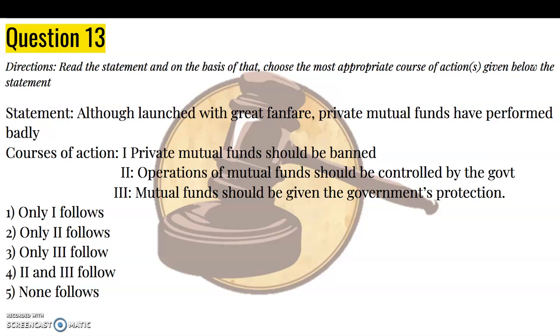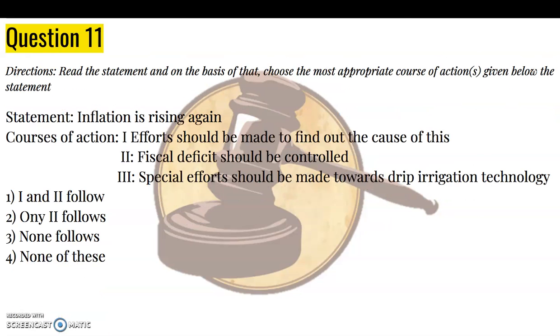Okay, so one thing I want to discuss is the difference between these two options. When we say that none follows, we mean to say that neither this course of action is good, nor this one is good. And when we say none of these, we mean that none of these options are good.